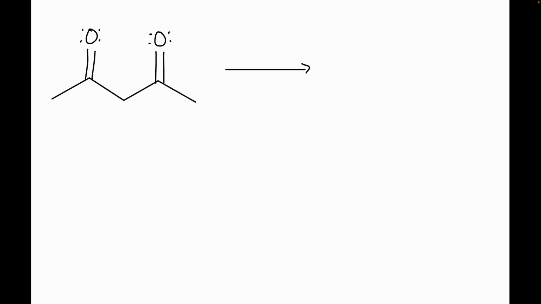We're first going to need to add some base to create our enolate ion. Then we'll add in our alpha beta unsaturated, or rather what we now call our Michael's acceptor. And then we're going to add in our acidic workup at the end.